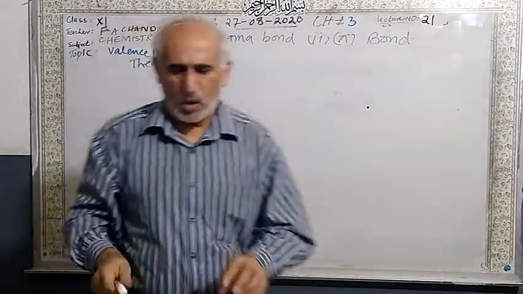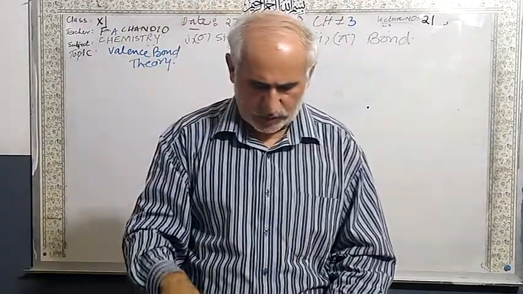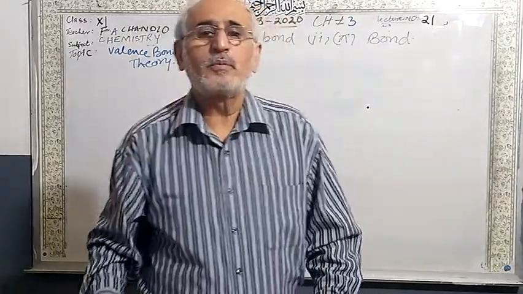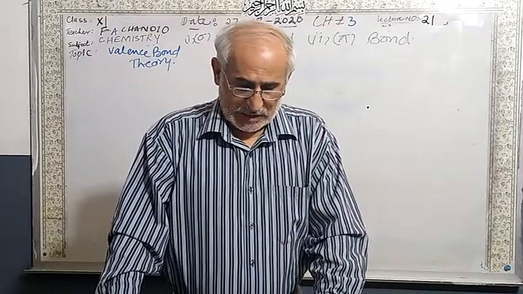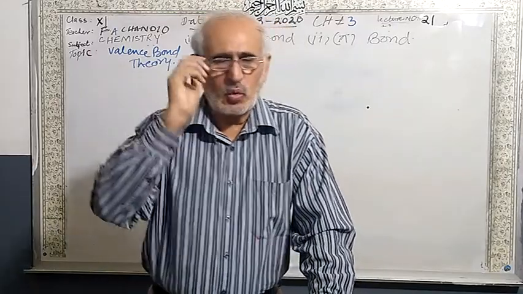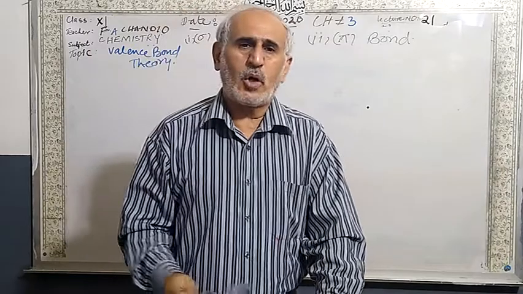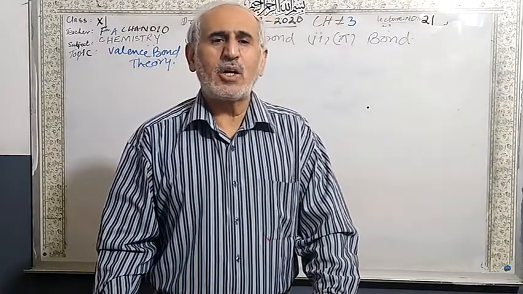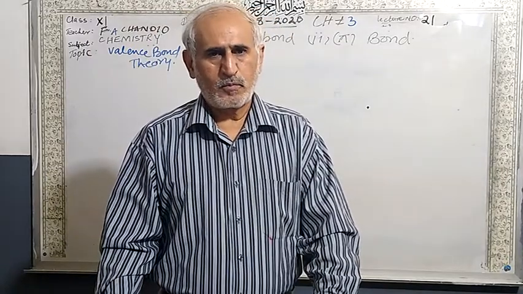How are the sigma bond and pi bond formed? Dear students, the first bond ever between two atoms is called a sigma bond, and it is a single covalent bond.